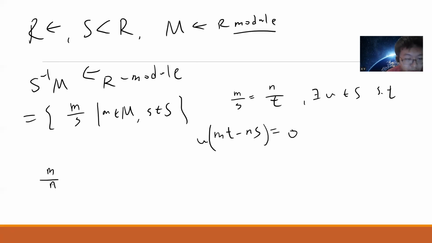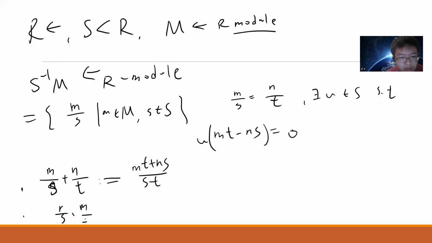Addition is defined in the standard way, m/s plus n/t, and multiplication is simple.